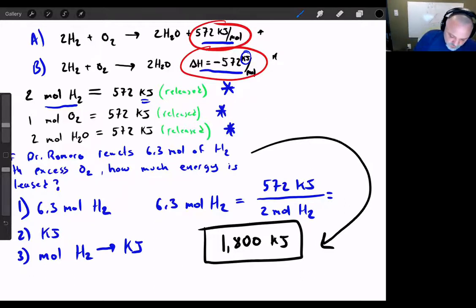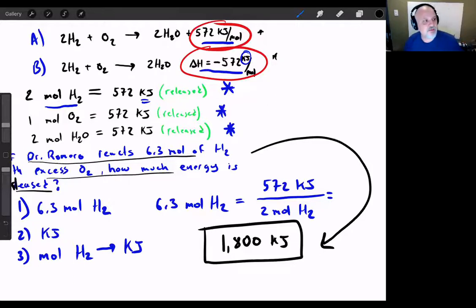So notice the question says, how much energy is released? I know you can't see the R anymore. Let's see if I can add it back in. How much energy is released? Well, it's 1,800 kilojoules. If I answer the question, how much energy is released, it's not negative 1,800. That's like saying to your mom, the calculator costs negative $50.